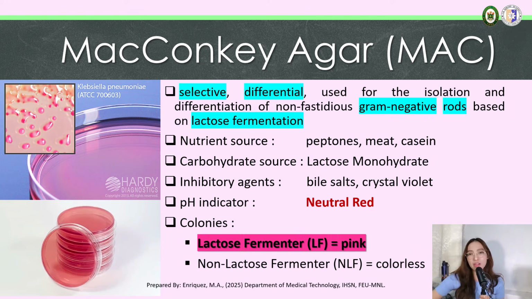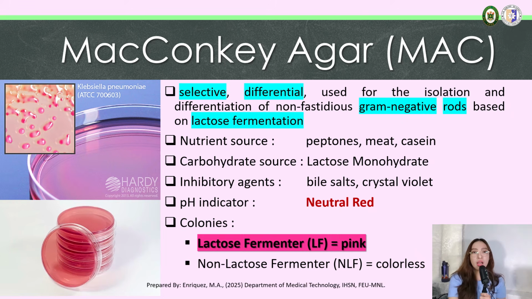So, the McConkey agar is a selective and differential media used for the isolation and differentiation of non-fastidious gram-negative rods, particularly members of the family Enterobacteriaceae. This differentiation is mainly based on the bacteria's capability to ferment lactose or not. Okay, ulitin po natin. Ang primary characteristic na gusto nating tignan gamit ang McConkey agar ay lactose fermentation.